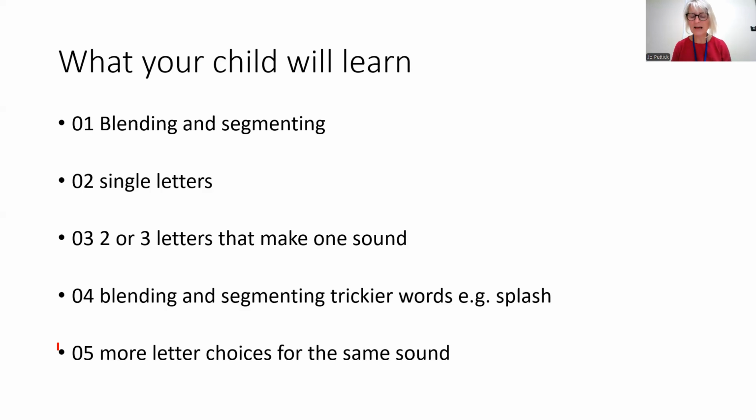For example, splash, s, l, a, sh. And in year 1, children first revise those previous steps to make sure that they are comfortable and haven't forgotten any of their learning. And then quite quickly, they move into learning different letter choices for the same sound.